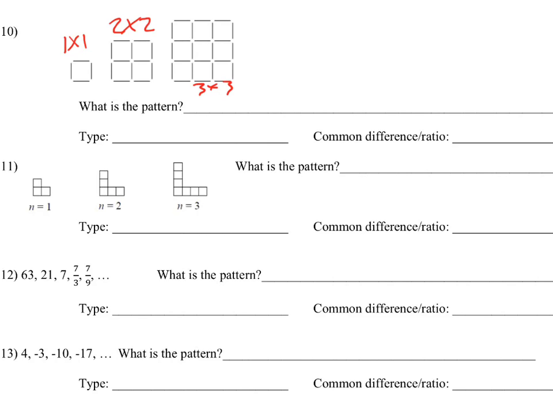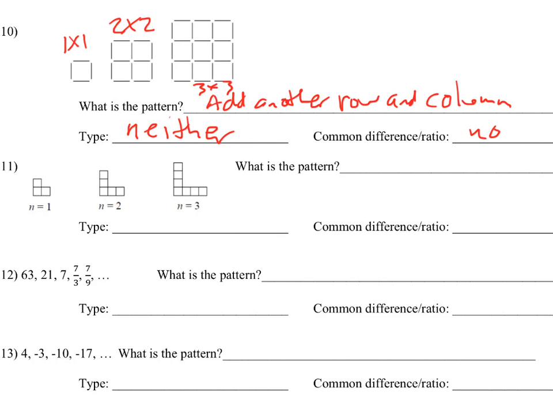And so here I'll list the pattern description as add another row and column every time, and that is going to be neither, because you're adding a different amount of squares each time. And the common difference or ratio is going to be non-existent. Well, that brings us to the next one.